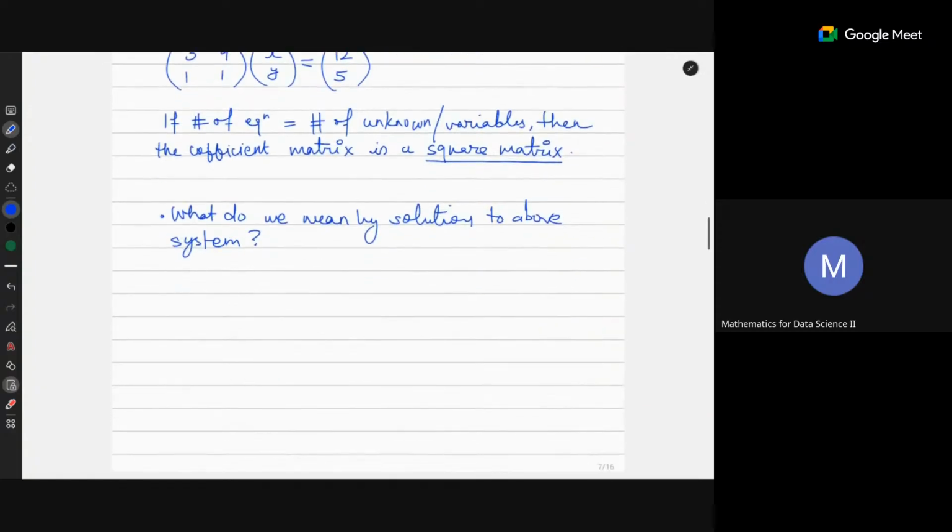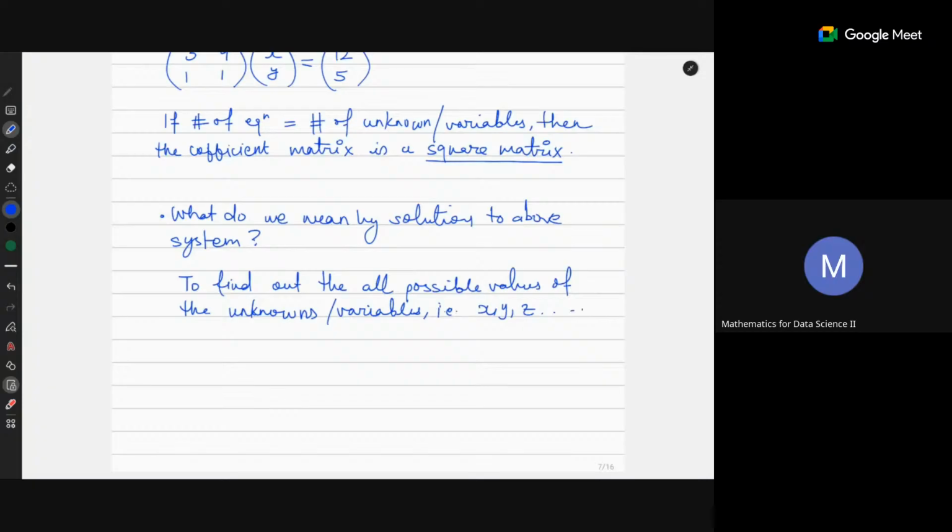So this is what it means to solve a system of equations: exactly to find out all possible values of the unknowns or variables, that is x, y, z, and so on, whatever the variables you have.